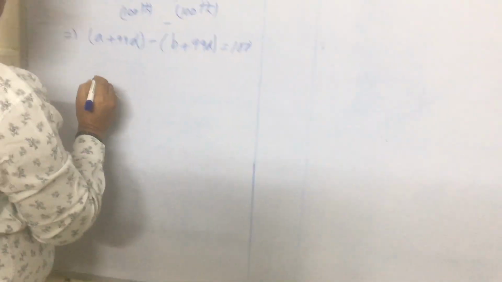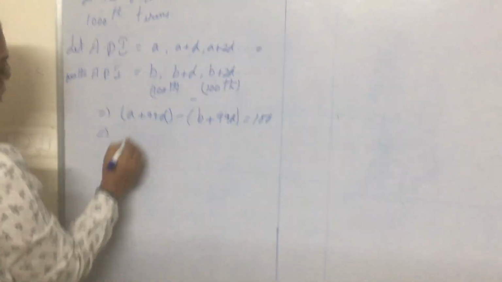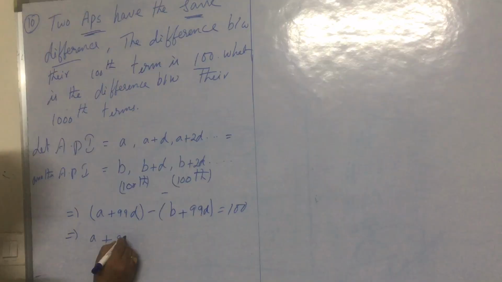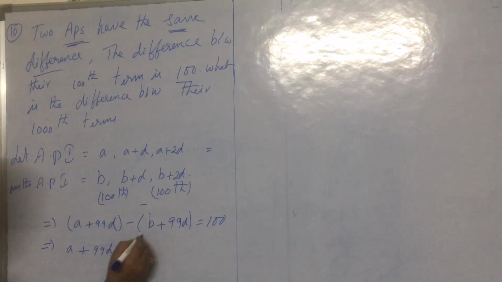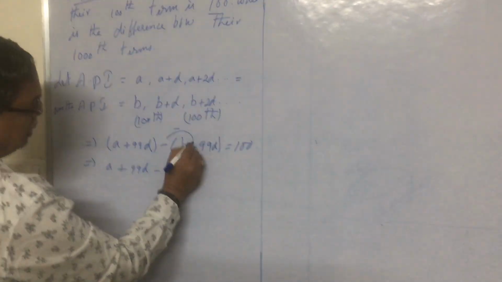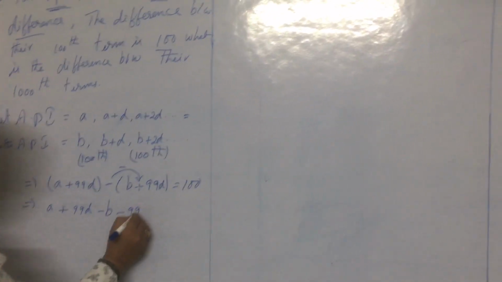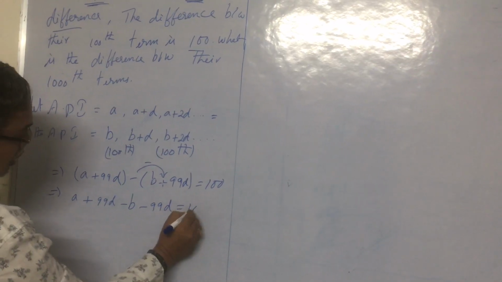If you take out the brackets, the minus sign changes: A plus 99D minus B minus 99D is equal to 100.